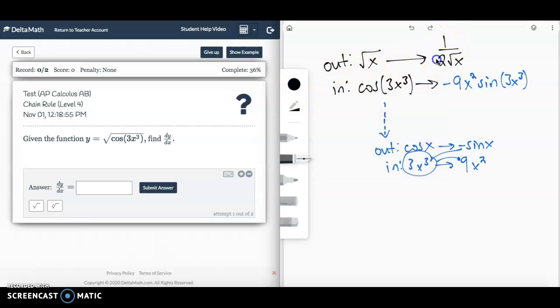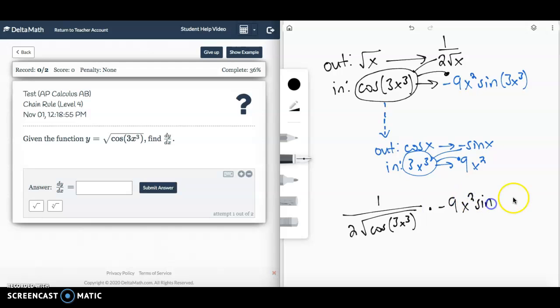Derivative of the outside, keep my inside the same, times the derivative of the inside. So 1 over 2 square root of cosine 3x cubed times negative 9x squared sine of 3x cubed.